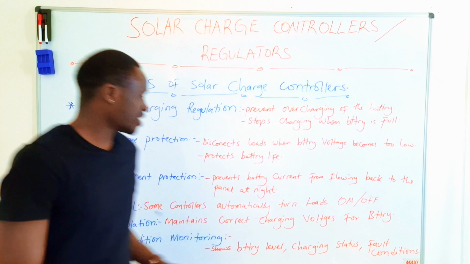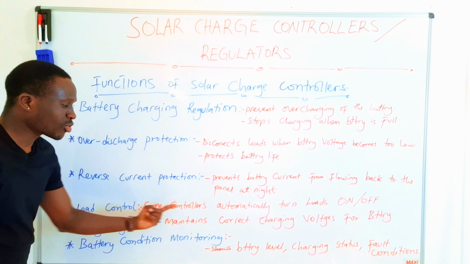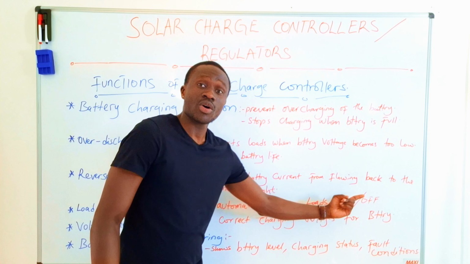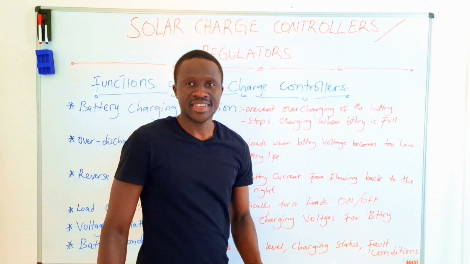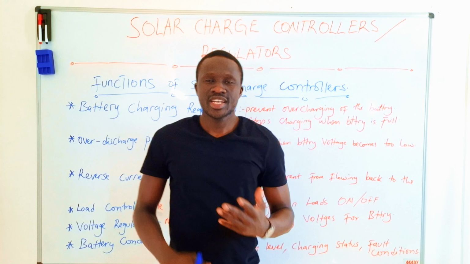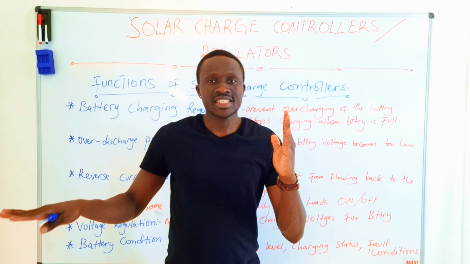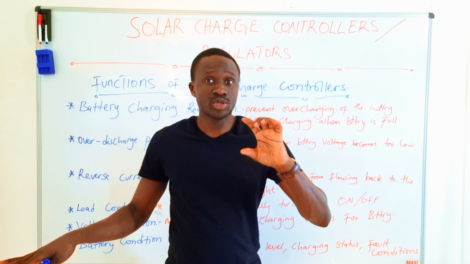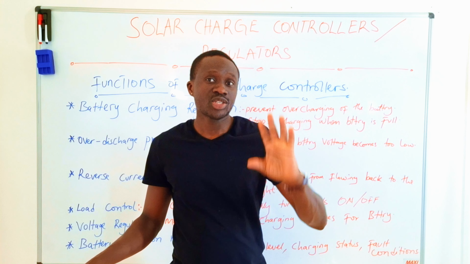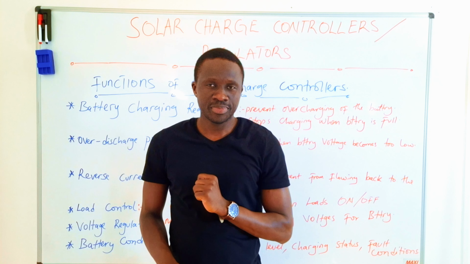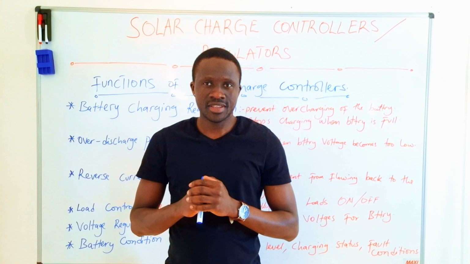Okay, let us see what they are saying to us. Some controllers automatically turn loads on or off, as I've told you. Once it detects that the battery is low, there is no power to light your lights. It will disconnect all your lights, all your TVs.